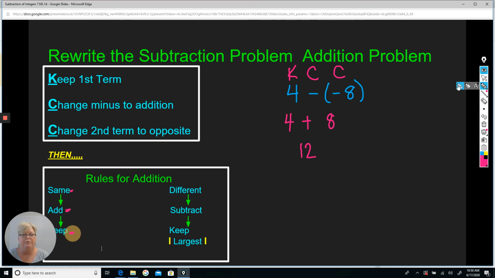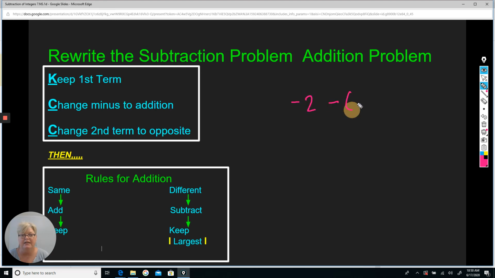Okay, let's do one more problem. So this problem would be negative 2 minus negative 7. Because this is a minus sign, we're going to do keep, change, change. So I like to write the initials above it. Keeps it straight in my head.